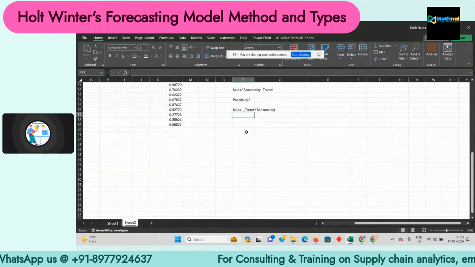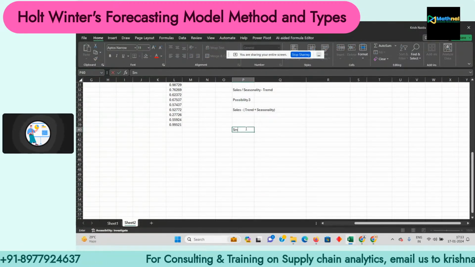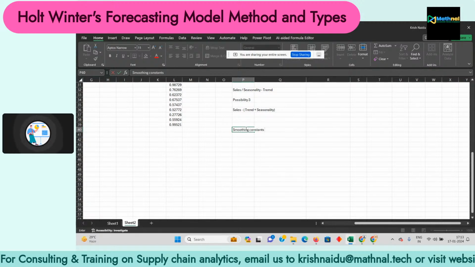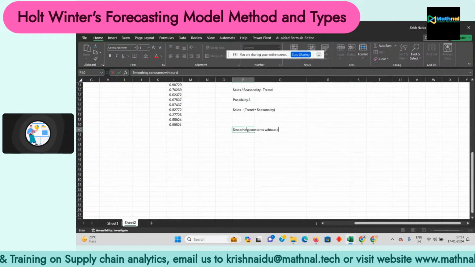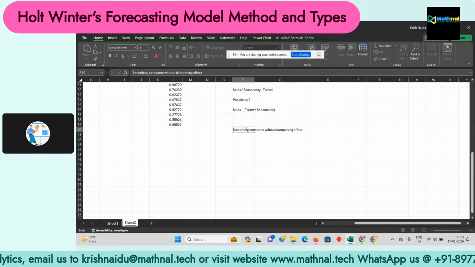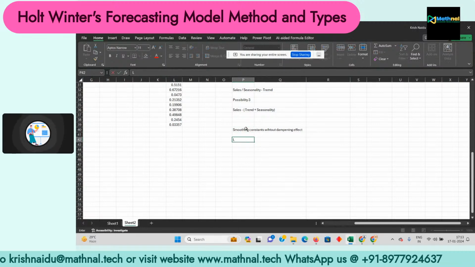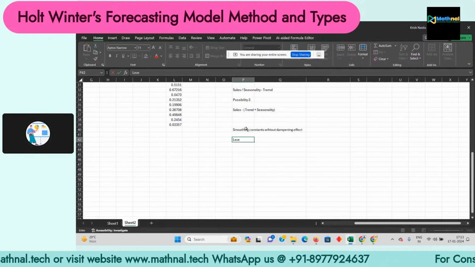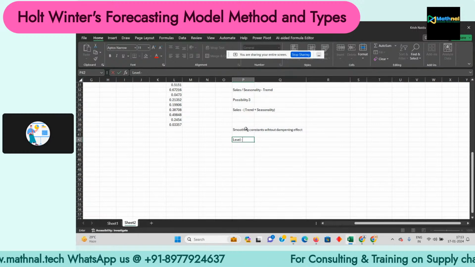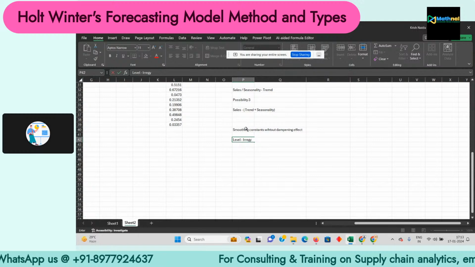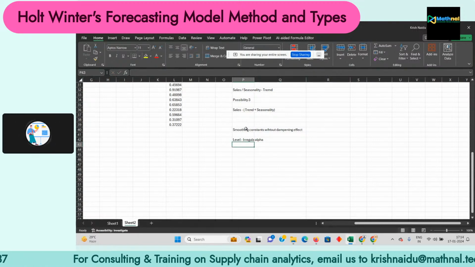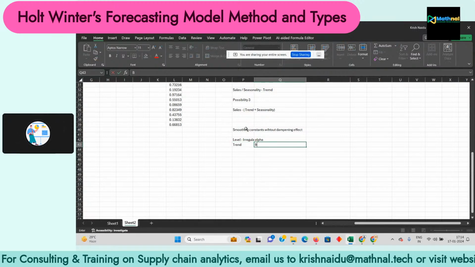The second thing which we have to consider is our smoothing constants. In this also we have two combinations. The first is smoothing constants without damping effect. In this we will have for irregularity, which is also called level, alpha. Then we have trend, beta.